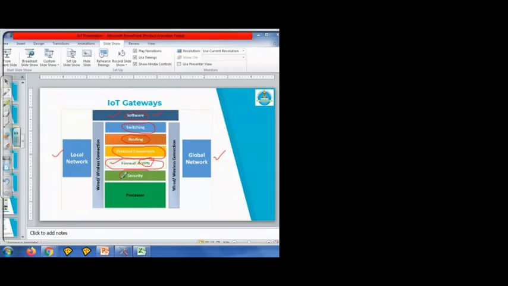Next, very important, it should have a security aspect, otherwise anybody can hack your IoT gateway and modify the changes, isn't it? So the security aspect is very important. If you have a Wi-Fi router, you will get Wi-Fi passwords. Okay, so the Wi-Fi password is one way.